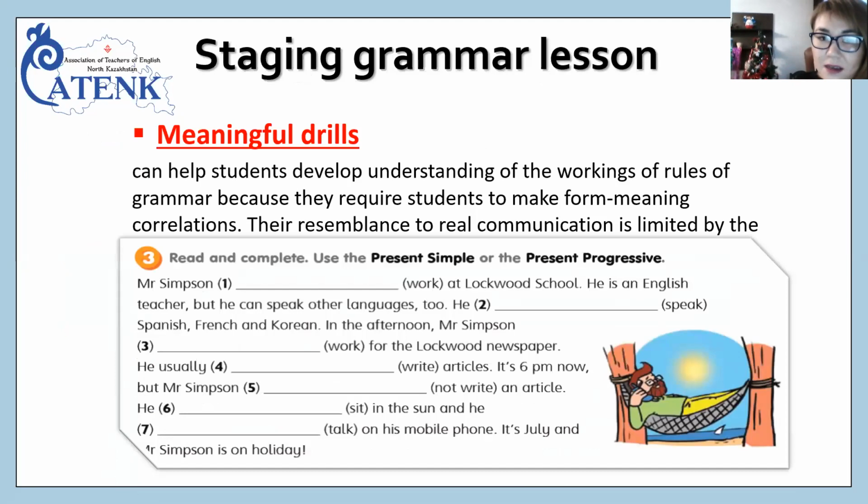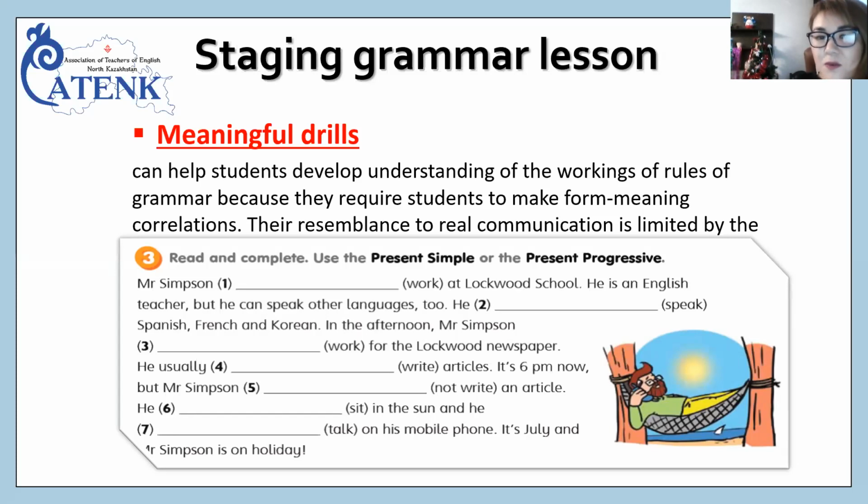So here's still some drilling with exercises, but here we can see meaningful drills can help students develop understanding of the working rules of grammar, because they require students to make form-meaning correlations.